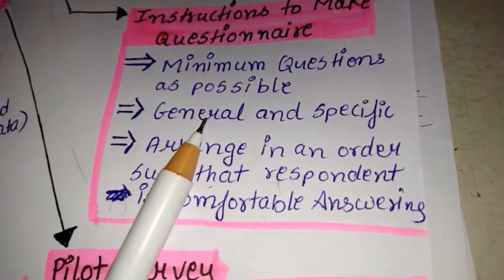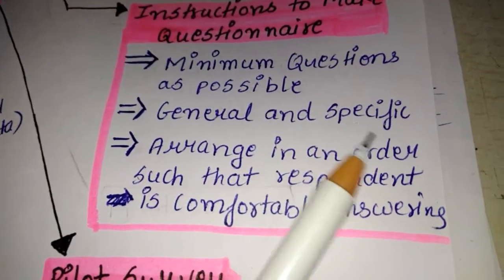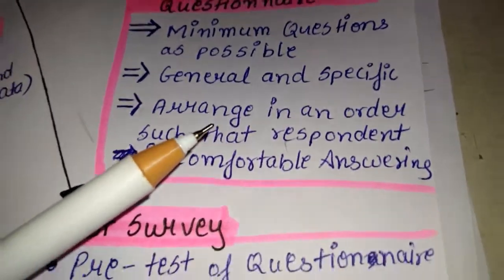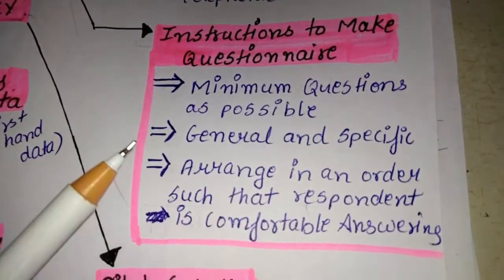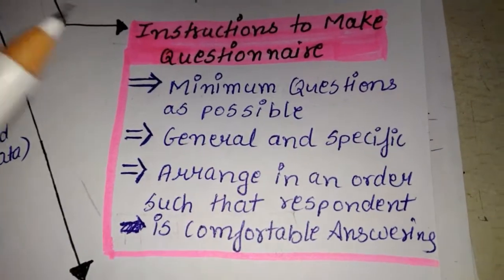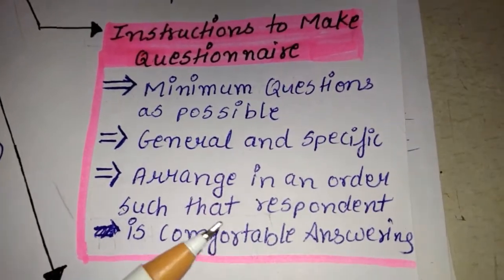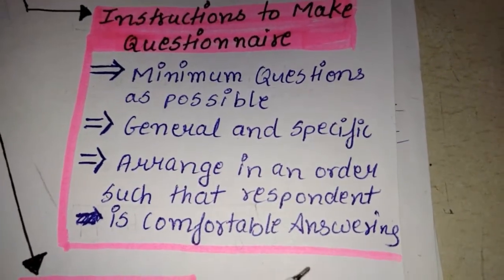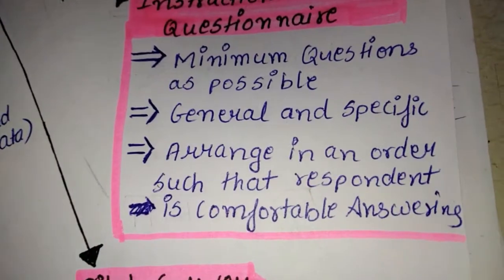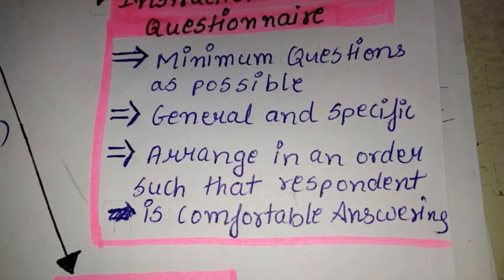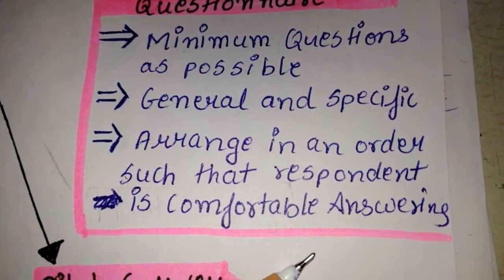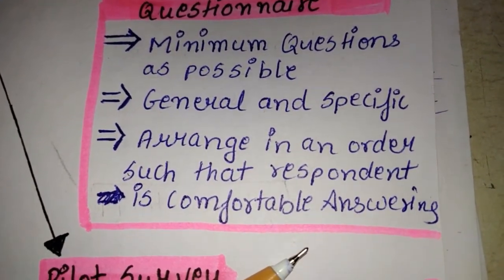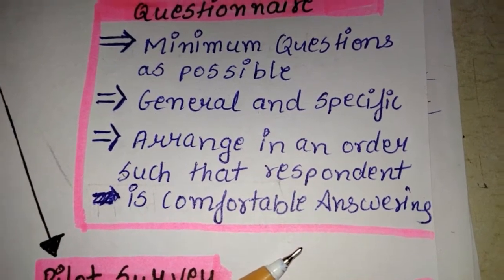Be very basic at the start, and then by the third or fourth question specifically ask what you are willing to survey on. Arrange them in an order in which a respondent is comfortable answering. You have to avoid overly optimistic or dominative kinds of questions.